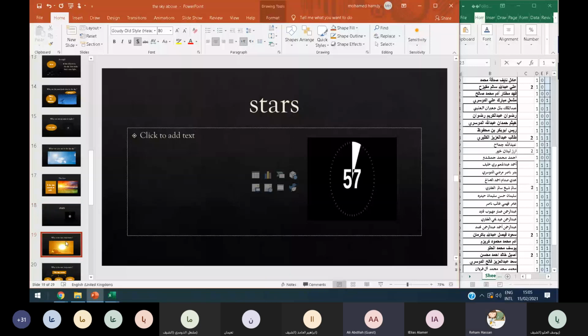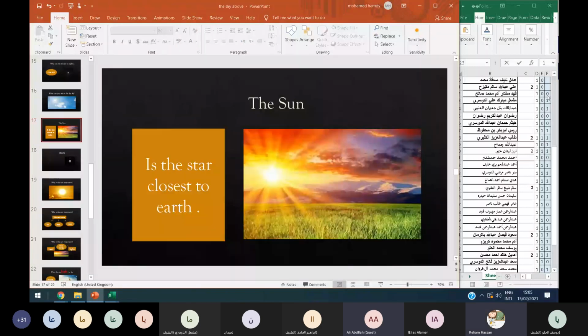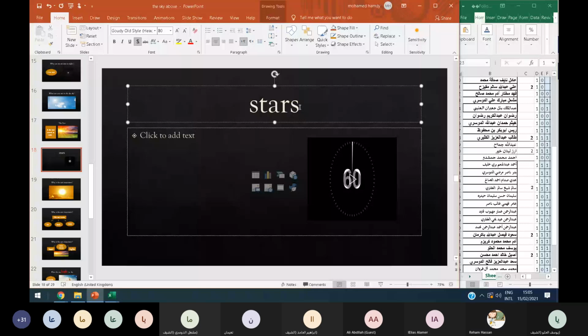I didn't write everything. So write quickly, honey. Write quickly. Stars, okay? S-T-A-R-S. Okay, stars. And these are the stars in the night, okay?